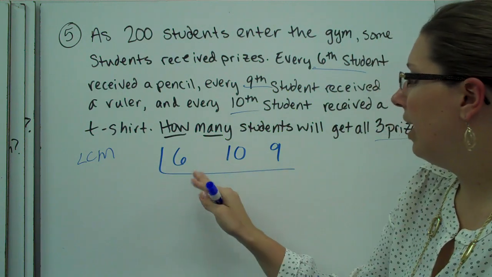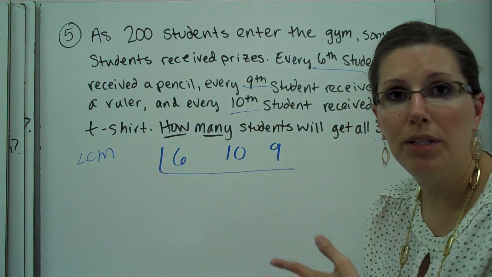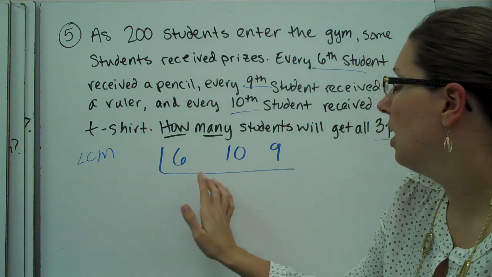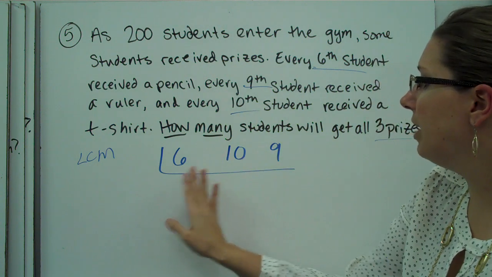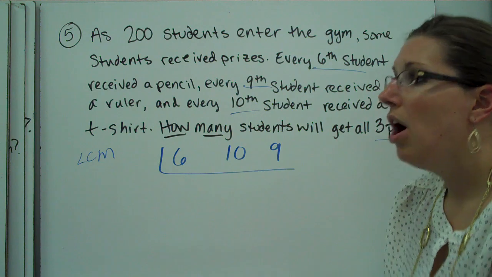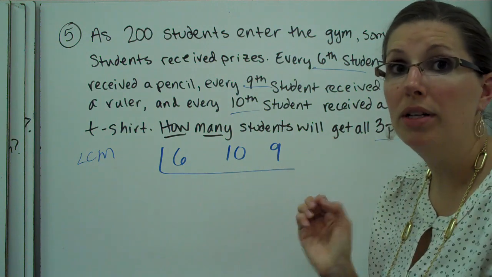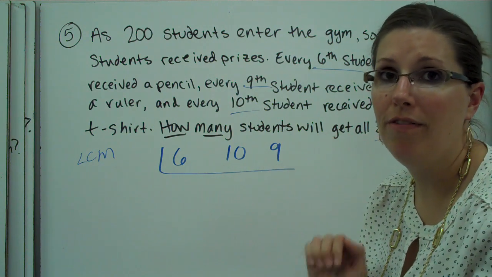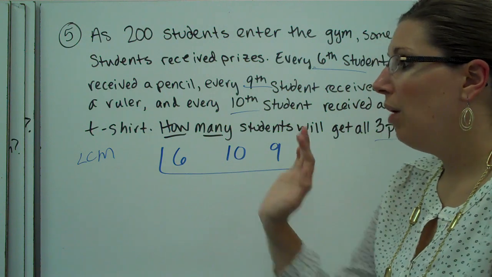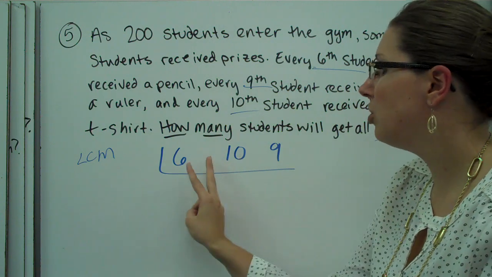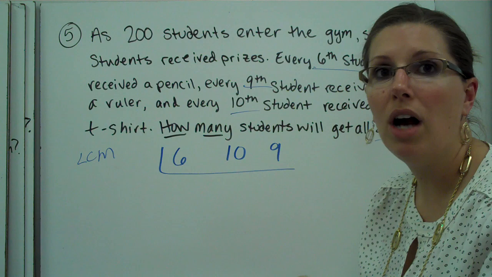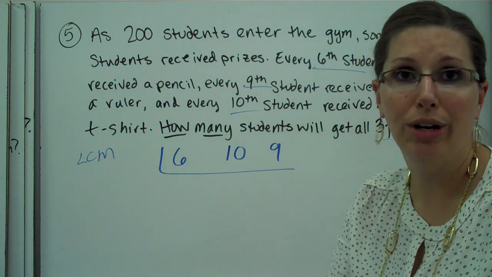So LCM is really interesting, especially when you use the ladder method, because you see here, these 6, 10, and 9 together as a trio do not have a common factor. But with LCM, as long as 2 out of the 3 have a common factor, I can move forward.